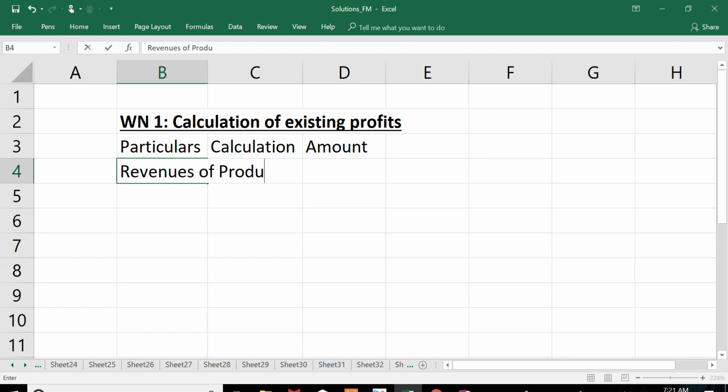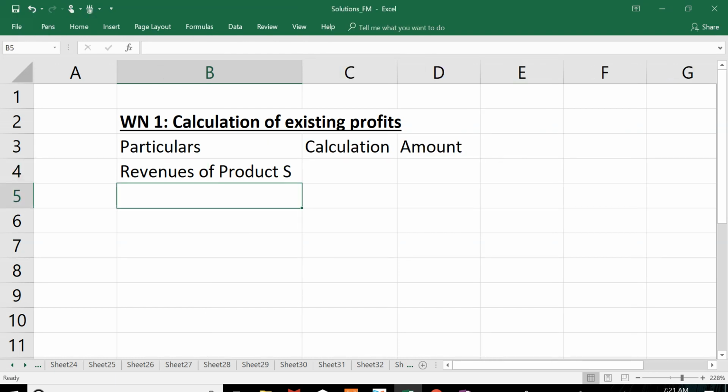Revenues of product S. You can keep filling this. Revenues of product Y. Everything is there in the question. See it and fill this: revenues of product S and revenues of product Y.